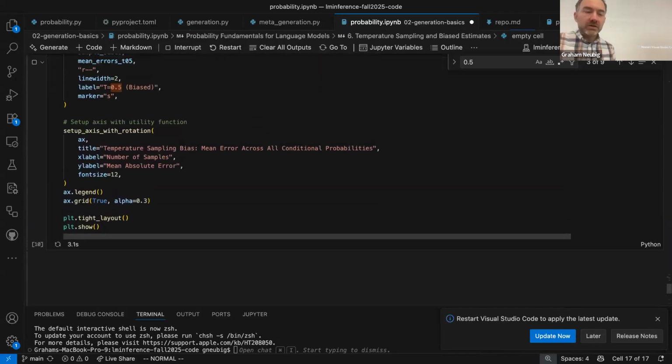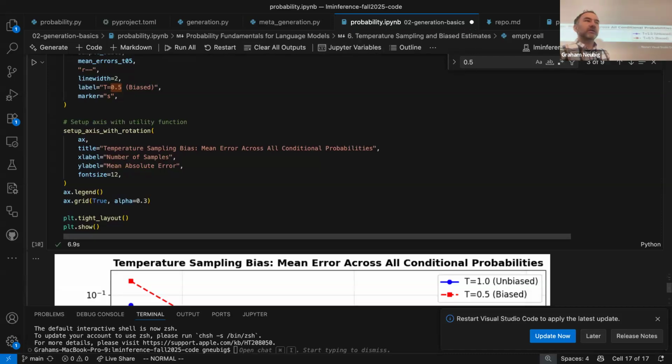What this means is that unless we're sampling with a temperature of 1, we're not getting the actual language model's model of language. We're getting a biased distribution that the model isn't actually generating.